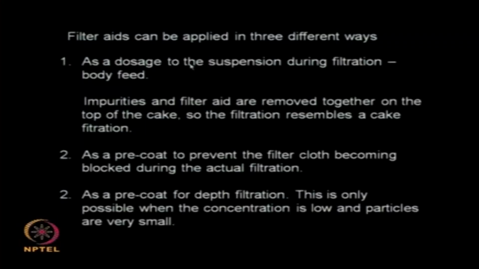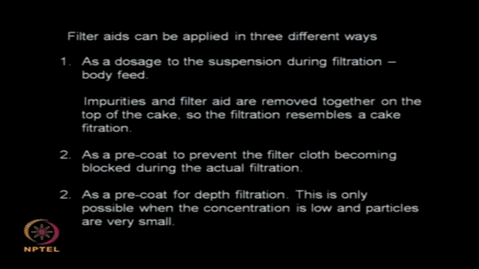During the filtration process, the first approach is you add it as a dosage with the slurry, so the solids in the slurry as well as the filter aid will settle on top and form a mixed bed. Because the filter aid does not get compacted, the porosity of the bed is very high, so the liquid flows nicely.